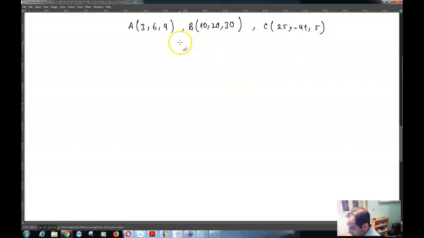So you have these 3 points over here. You want to find out whether these points are the vertices of a right triangle.